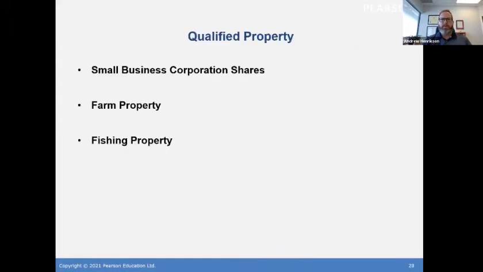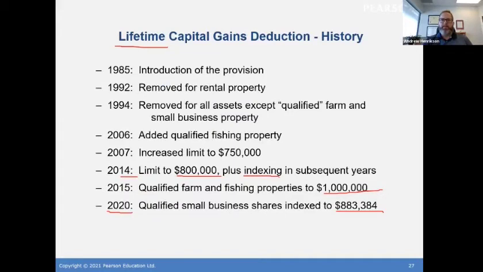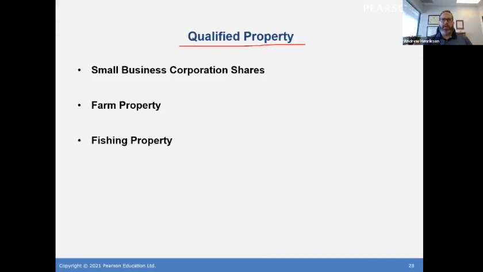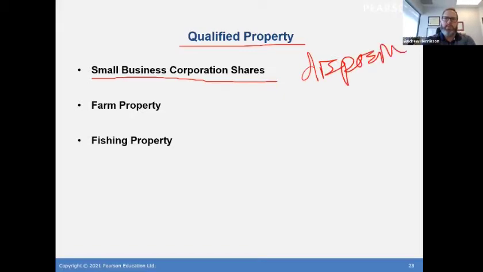Whenever we look at different benefits, back in chapter 4, when we learned about tax credits, the first thing we would do is ask, do we qualify? You have to do an evaluation to determine if you qualify for whatever that special treatment is. So in order to qualify for a lifetime capital gains deduction, first of all, we have to have a small business. They have to be small business corporation shares, and by the way, we're talking about disposing of these.